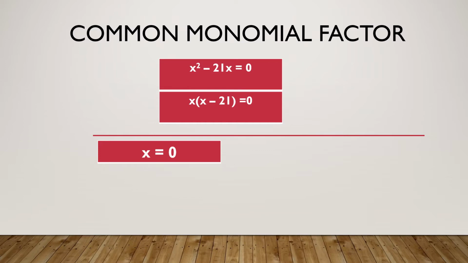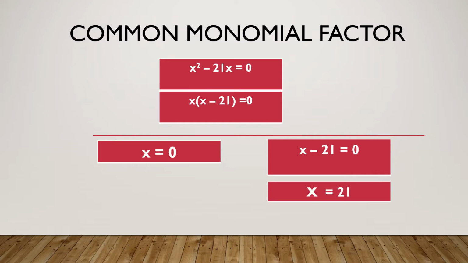Then solve. The first is x equals 0. The second is x minus 21 equals 0. Then transpose negative 21 to the right, and it becomes 21. So our solutions for this quadratic equation are 0 and 21.